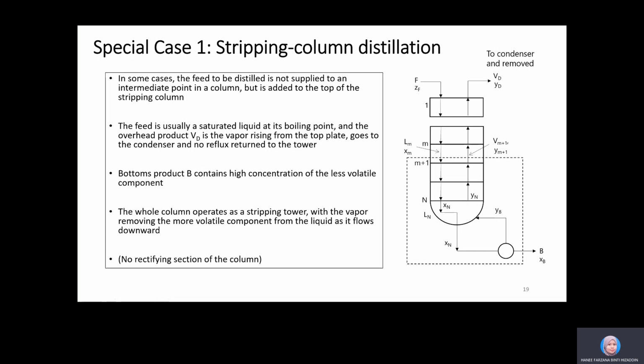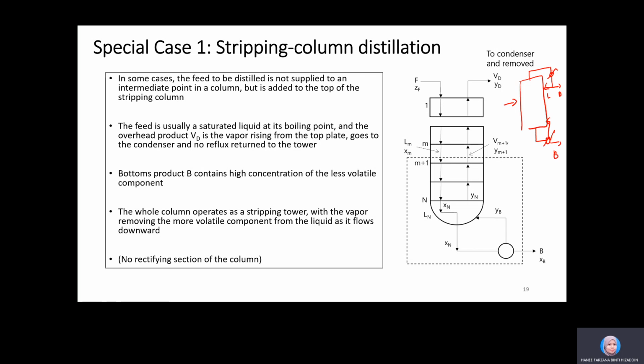In some cases, the feed to be distilled is not supplied to an intermediate point in a column, but rather it is added to the top of the stripping column. Simply put, instead of having a two-part column, where normally you will have a feed in the middle, and then the condenser, and then the D. This is the typical column.